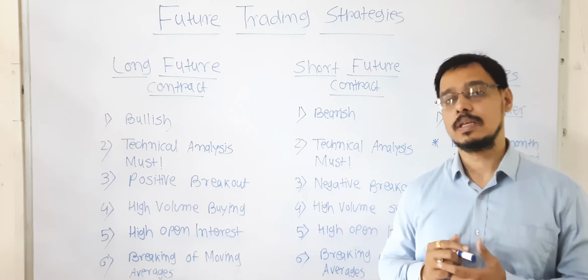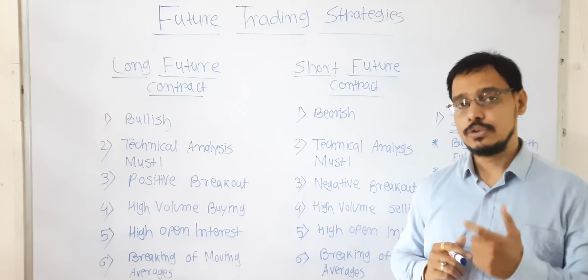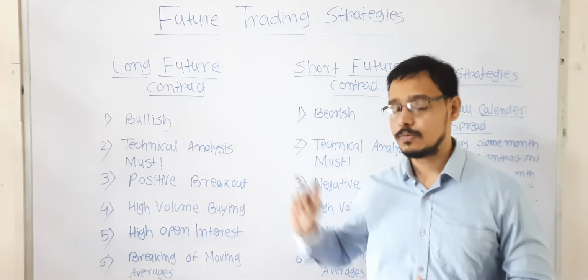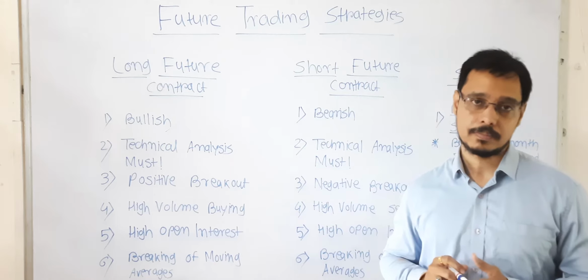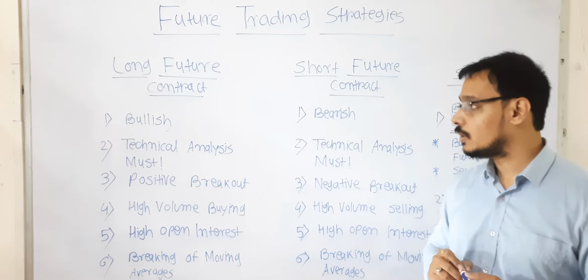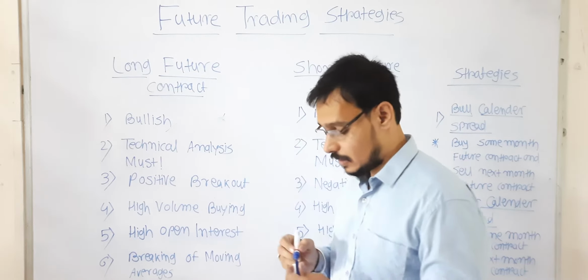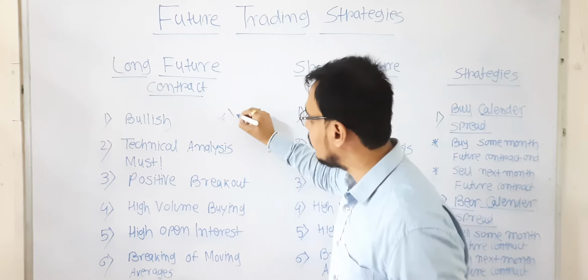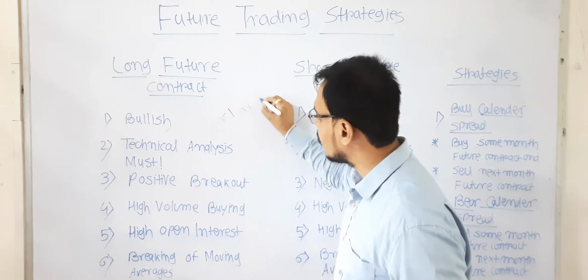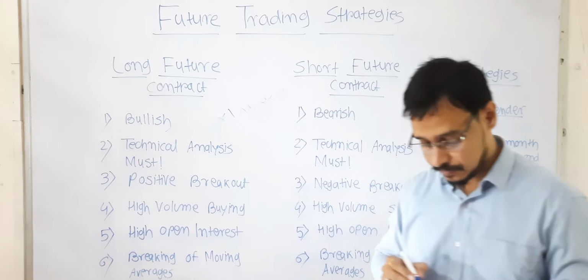Along with this, if the volume is also huge, at that time you can buy the long future contract. For this, you will also have to use the indicators. You should know the use of indicators while buying the futures contract.